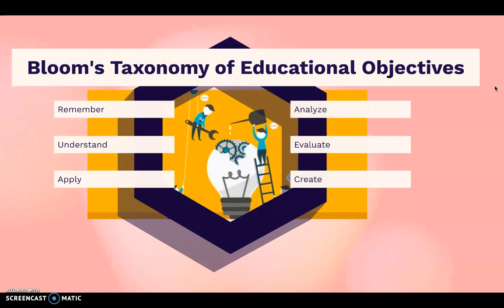To analyze means to examine, explain, and investigate. To evaluate means to judge, select, design, improve, defend, debate, recommend, or assess. To create means to combine, invent, design, imagine, propose, or formulate.